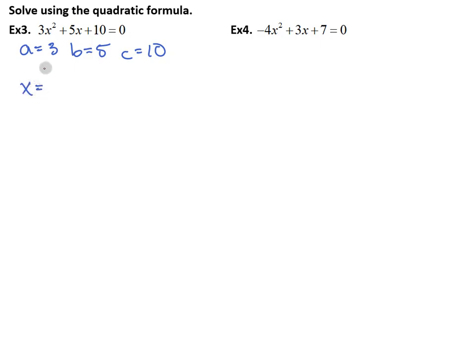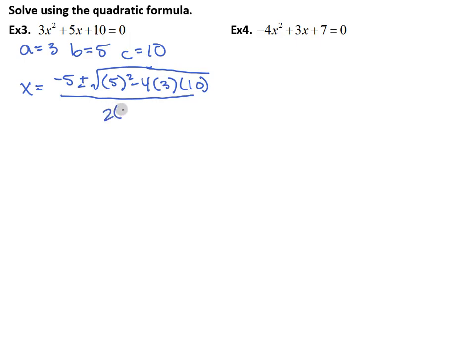So x is equal to the opposite of b plus or minus the square root of b squared minus 4ac, need to extend my radical there, all over 2 times a. This time a was not 1, it's a value of 3. All right, so 5 squared is 25.